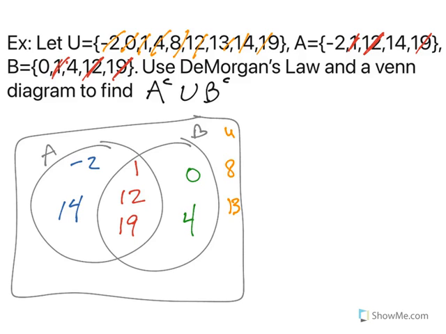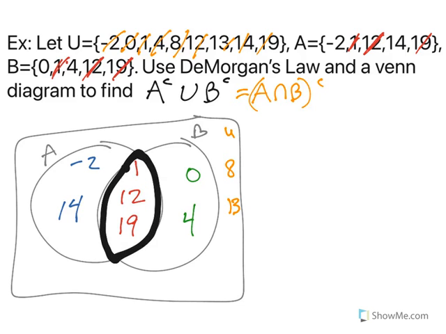Now, we know, based off De Morgan's law, that A complement or B complement is the same as the complement of A and B. Okay, what is A and B? Again, A and B is inside the black shaded region, right? 1, 12, and 19 is A and B. So the complement of that is literally everything else.